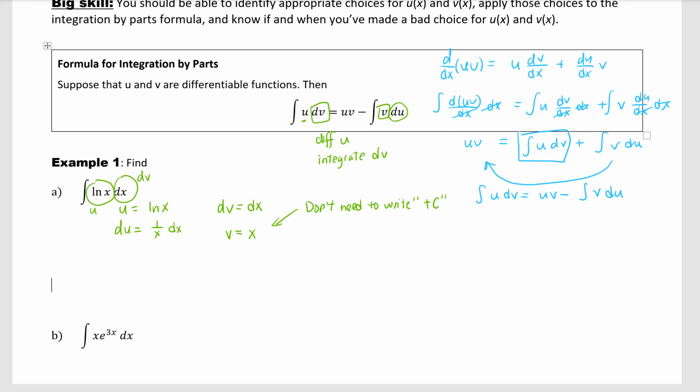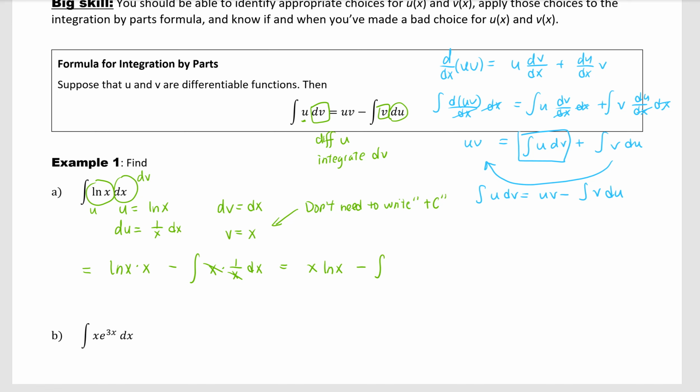Then by our integration formula, our integral becomes u is ln of x, v is x, minus the integral of v, which is x, du is 1 over x dx. Now the x cancels. It's better to move the x in front, because then we won't get confused whether the x is inside the ln or outside the ln.